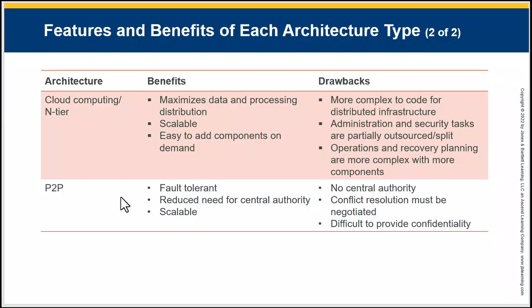Now, the problem with this is you have to trust the other people on the P2P network, because there's not going to be any central person doing any kind of login information or verifying that files are safe. So you could accidentally be sharing out viruses and Trojan horse stuff without even knowing it.